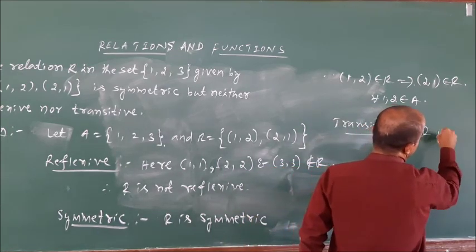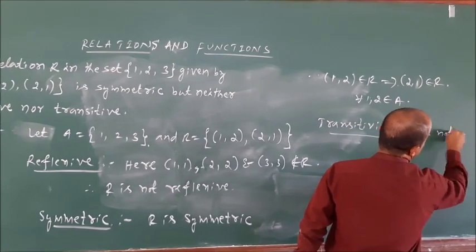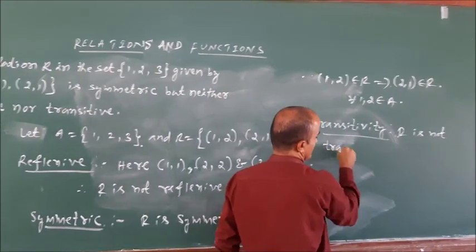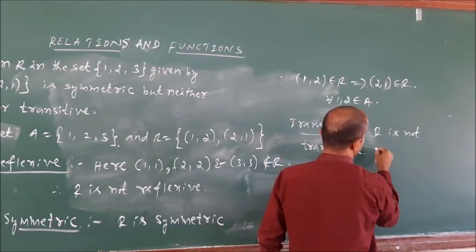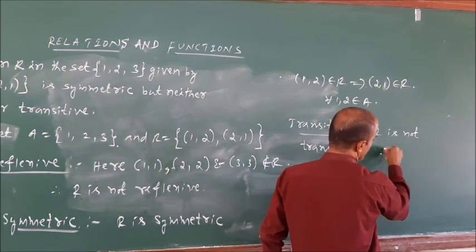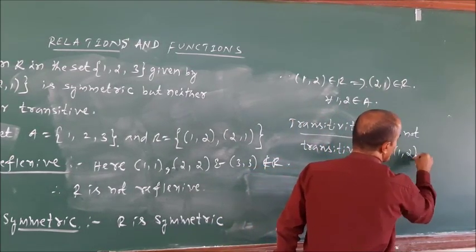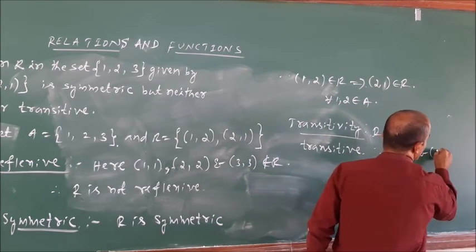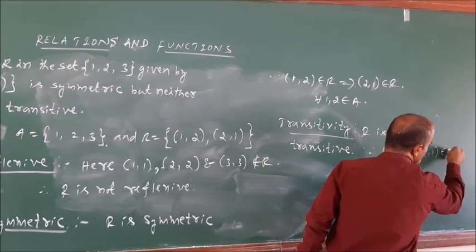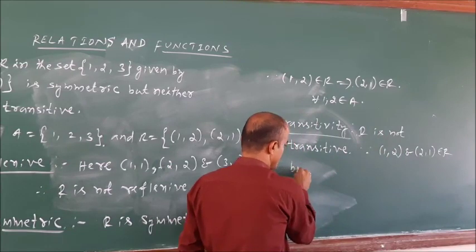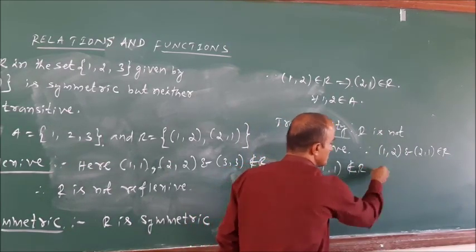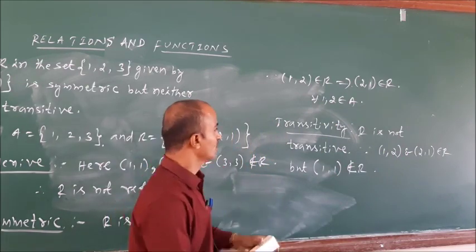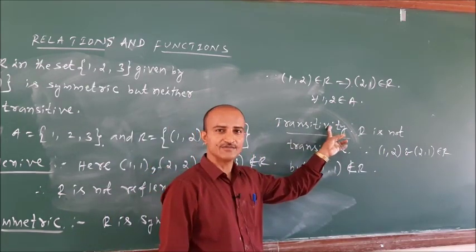R is not transitive because (1, 2) and (2, 1) belong to R, but (1, 1) does not belong to R. Therefore, R is not transitive.